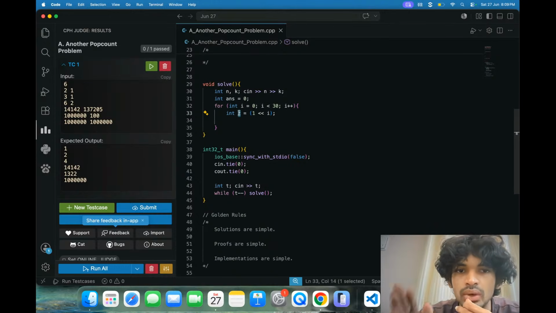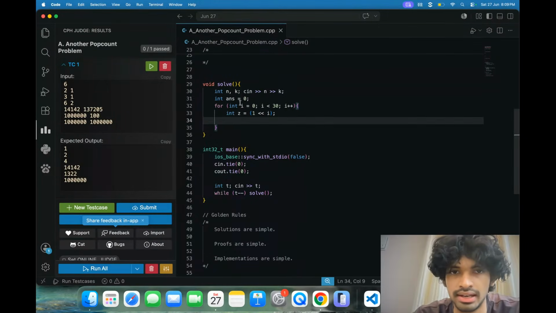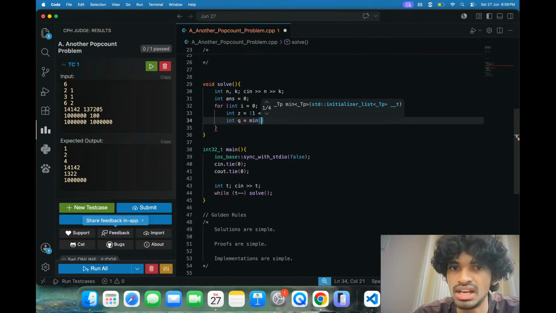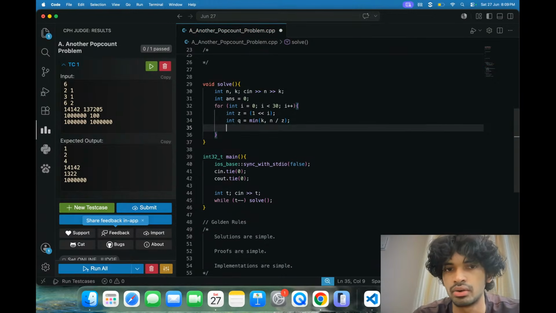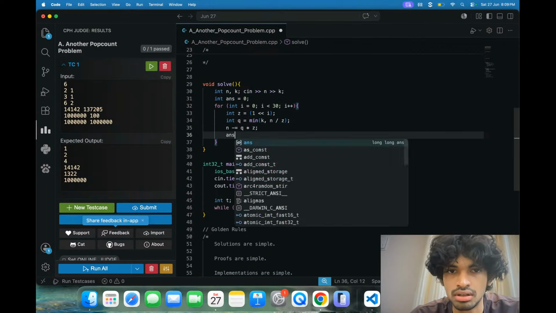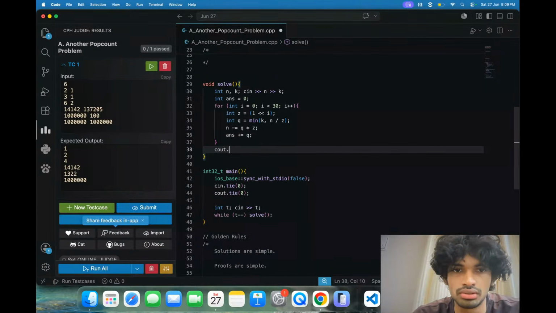Now you can at max get how many from this n? Min of k comma n by z. Let q be these many things you can get. So you have n minus equals q times z, and answer plus equals q. Then print out the answer. This is quite simple.